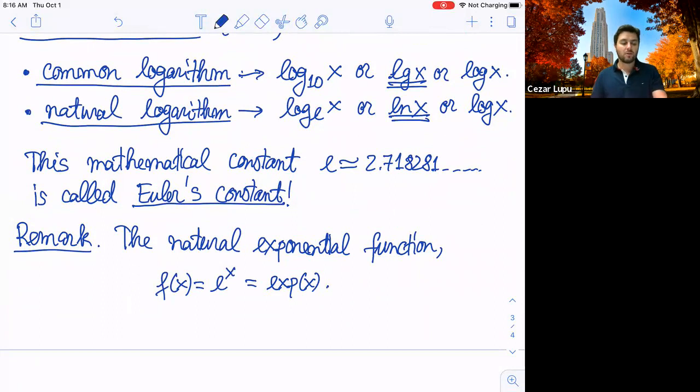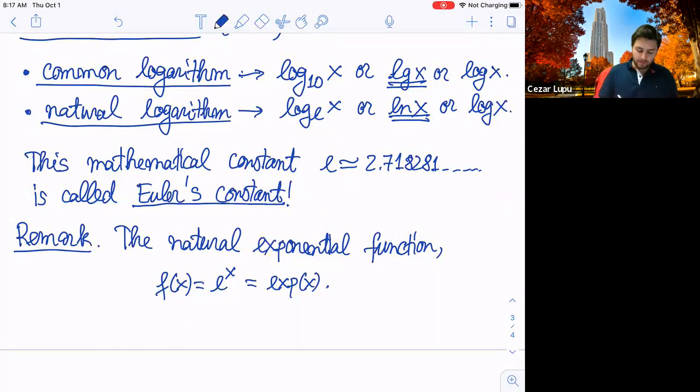And now I would like to talk a bit about the basic properties of how we operate with logarithm, with the natural log basically, and even with the exponential. Well, with the exponential, I think you know from college algebra, from pre-calc, how to operate.